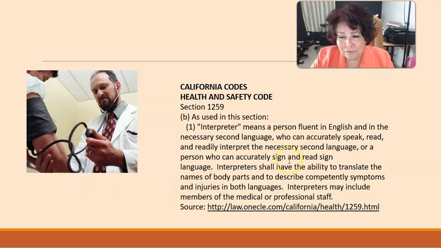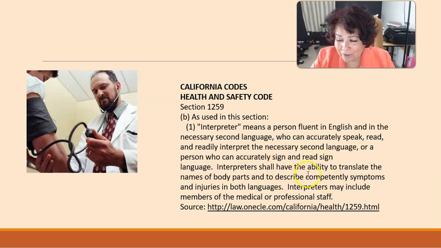And here it just gives you the definition of what an interpreter should know, according to the Health and Safety Code, in order to be able to be an interpreter. They can accurately speak, read, and interpret the necessary second language of the person, the target language, or a person who can accurately sign and read sign language.